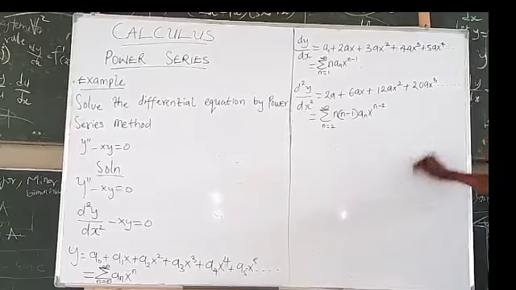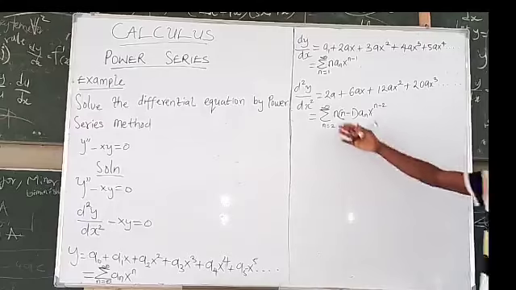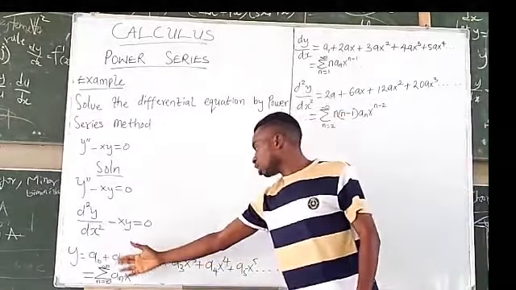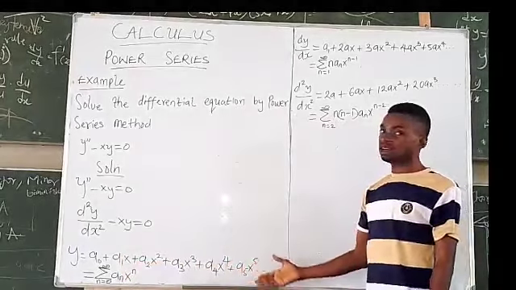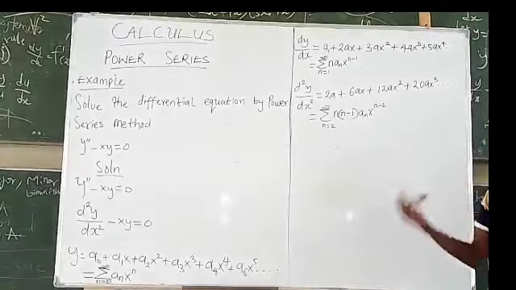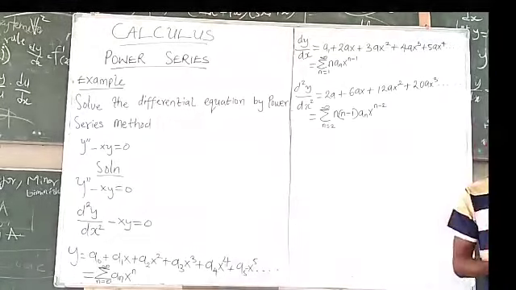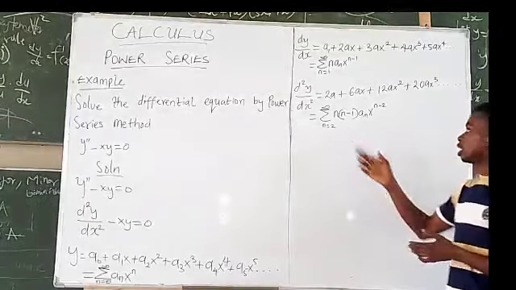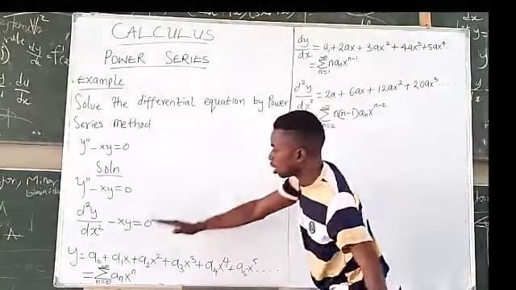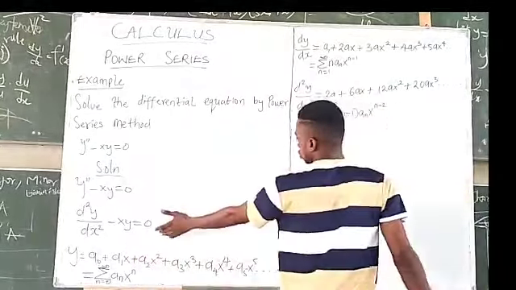For this example we are using a0 to a5. It depends on the question; you can use it as long as you want, even to a10 if you wish to continue. From here, we'll substitute this into our equation.